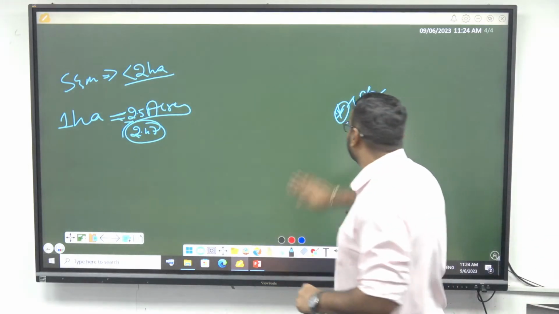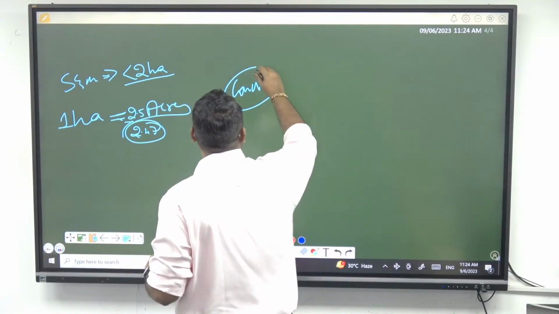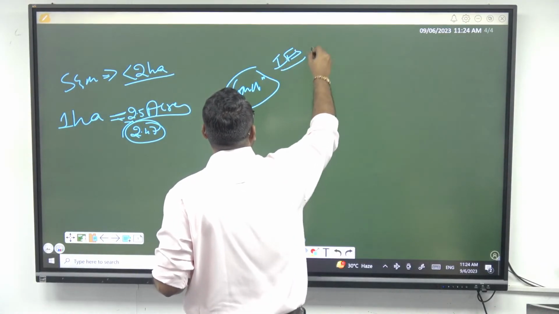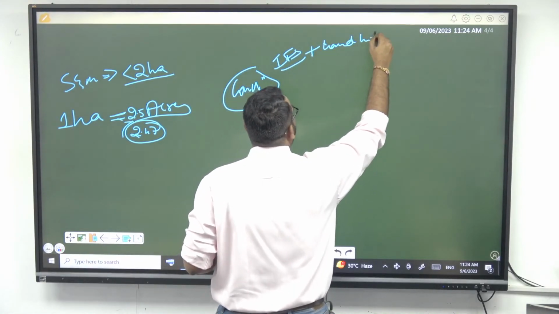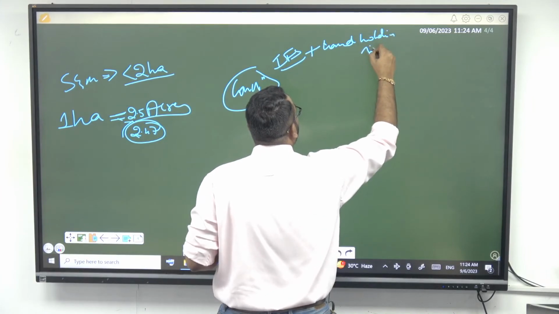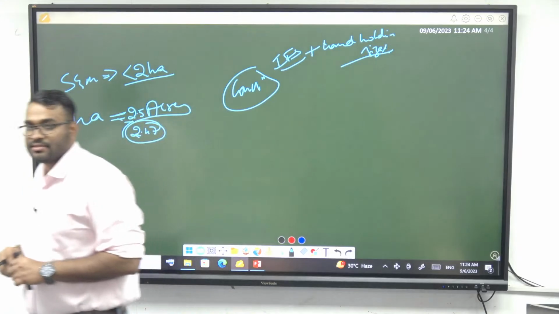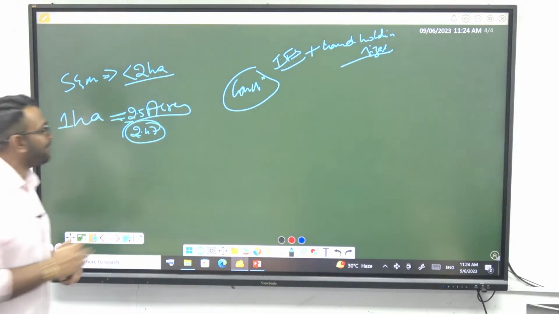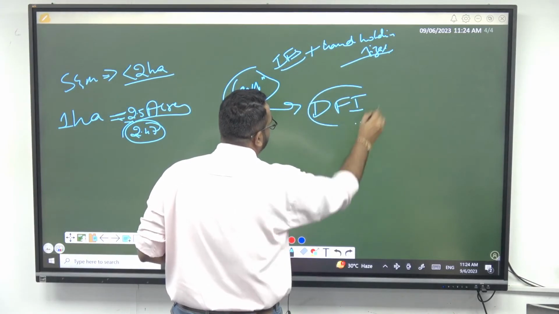Clear? So for conclusion, how can we conclude this? We are focusing on integrated farming system plus land holding sizes. One of the easiest ways of conclusion is there here, can you guess? That's it. So this will be helpful in doubling farmers' income, correct?